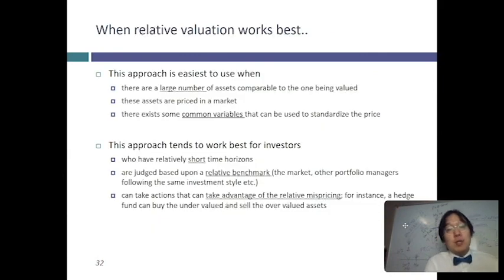Now, when does relative valuation work best? This approach is easiest to use when there are a large number of assets comparable to the ones being valued. For example, when you are valuing apartment units, a 108 square meter apartment in the Gangnam area, you have thousands, maybe hundreds, of similar units all around.